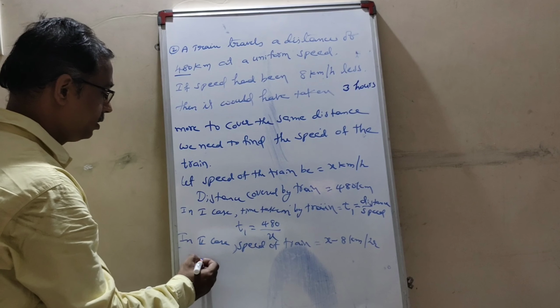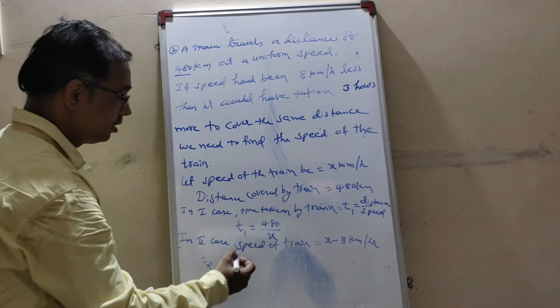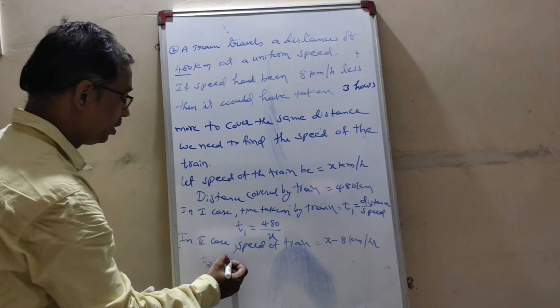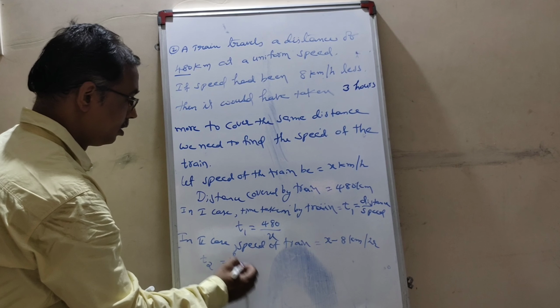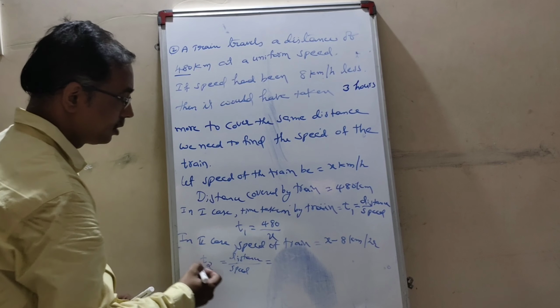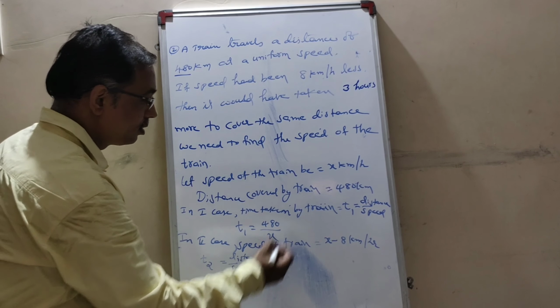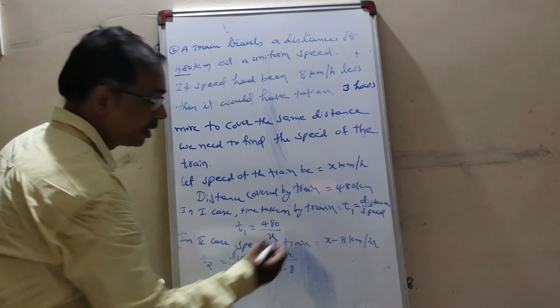Then in this case take T2, the same distance, 480 kilometers. So again distance by speed is taken as T2 time. So distance is here 480 and speed is x minus 8.